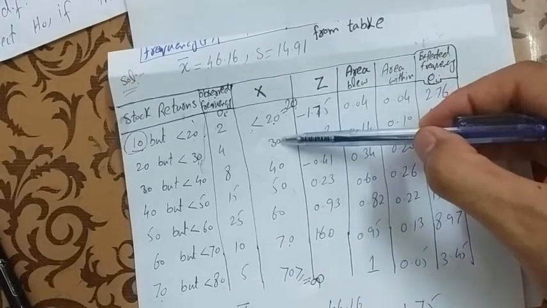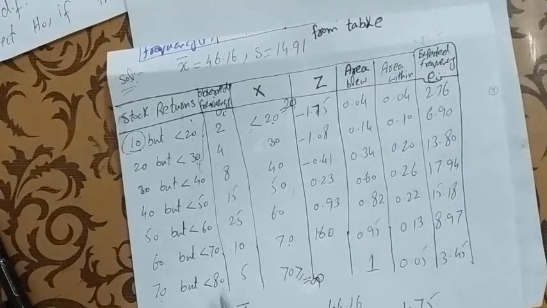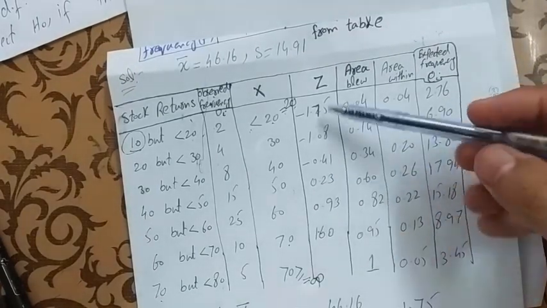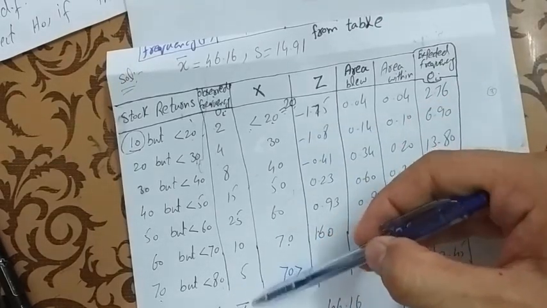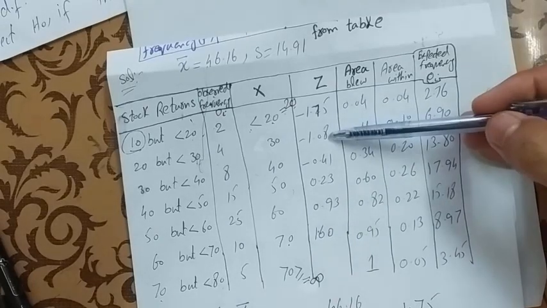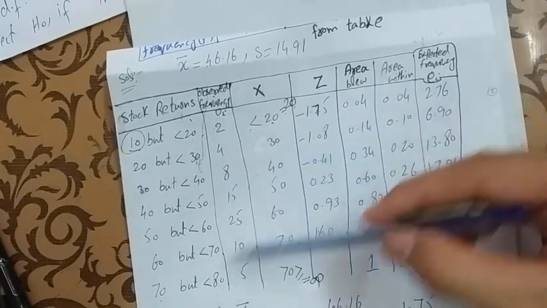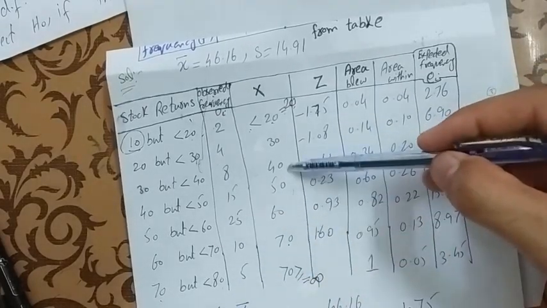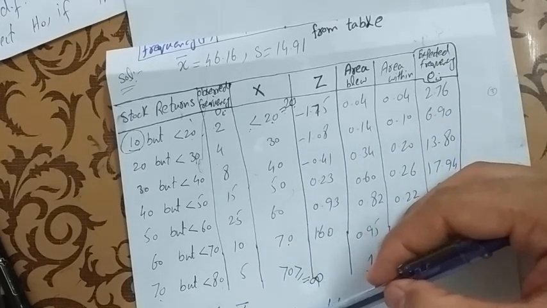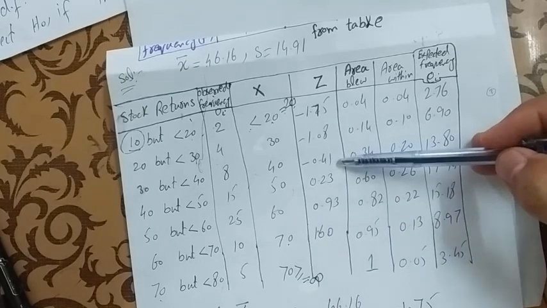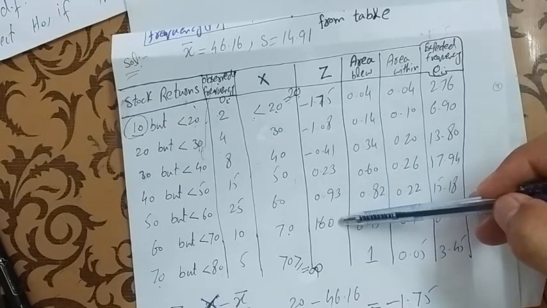When we put 30 in capital X, minus the mean and divided by S, the answer is equal to minus 1.08. When we put 40 in this formula, minus the mean and divided by the standard deviation, the result is minus 0.41, and so on; find these.